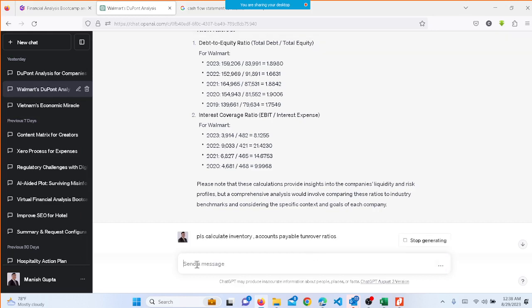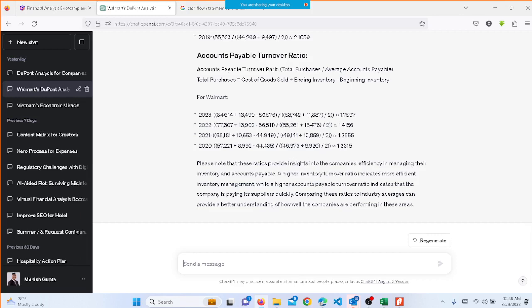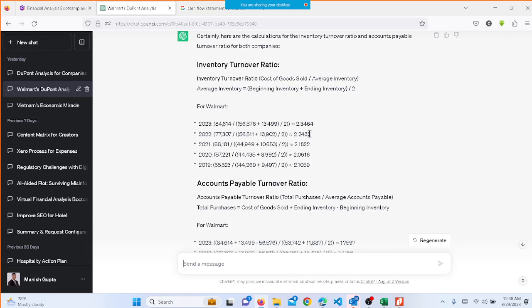So you can ask AI to calculate the inventory turnover ratio and accounts payable turnover ratio, and it can calculate it for you. Right? So for Walmart, the inventory turnover ratio is 2.3, 2.2, 2.1, 2. So it's quite fast actually.